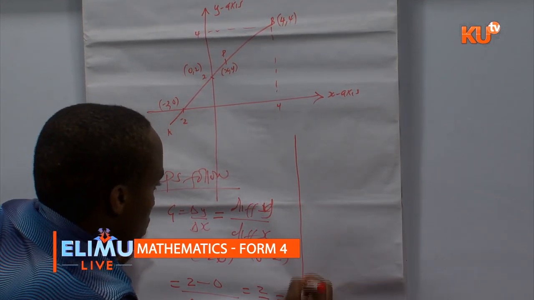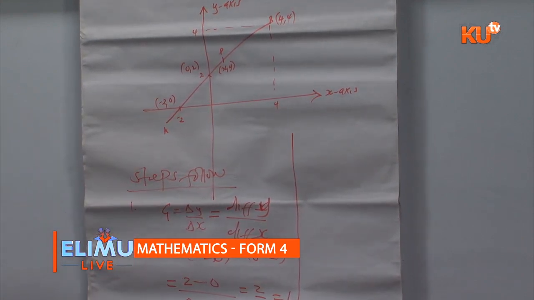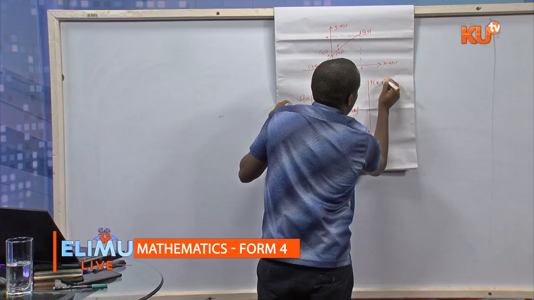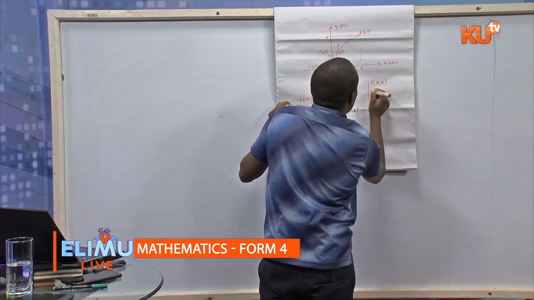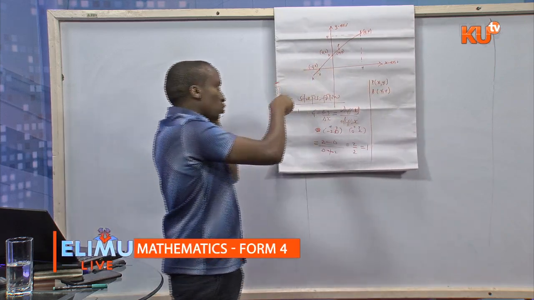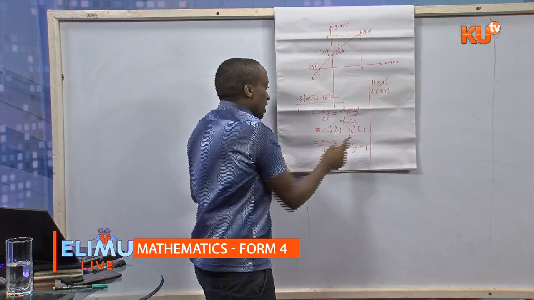Allow me to use this just to do it here. So the point that is (x, y) and a known point B, which is (4, 4). We are able to find the equation of that line having known the gradient.